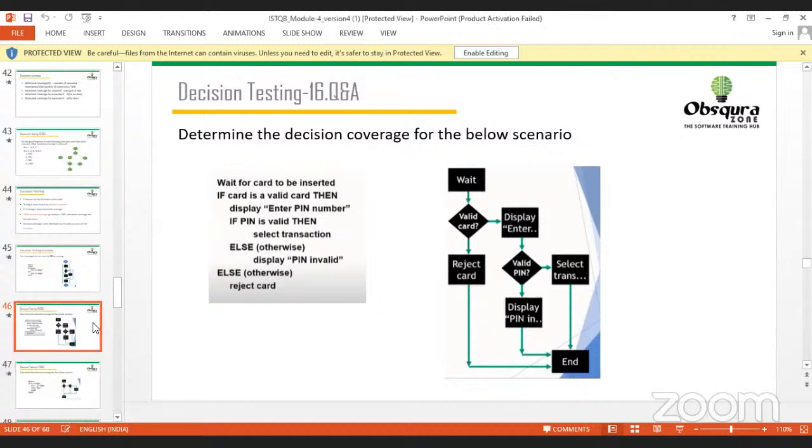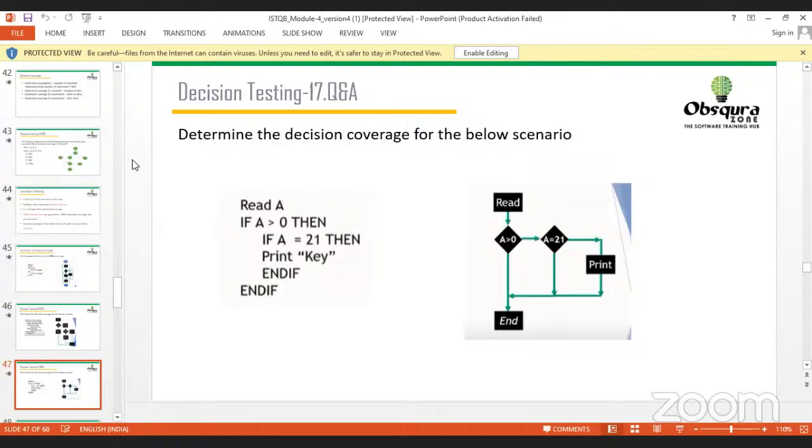Now we will move on to the next one. What will be the decision coverage here? Everyone is getting this, right? Different opinions are coming.